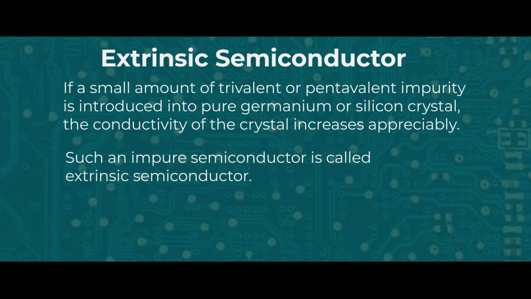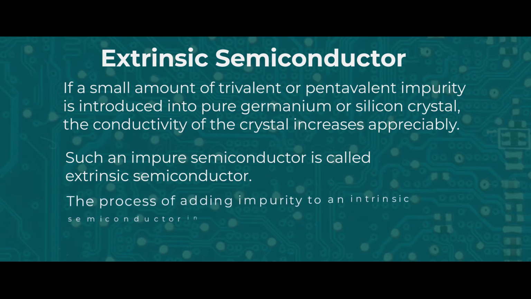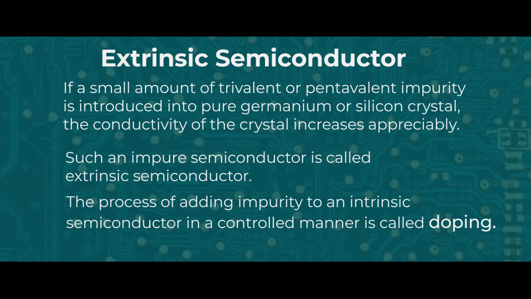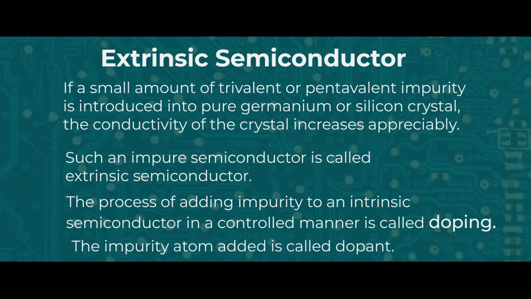Now, extrinsic is impure semiconductor because it contains some pentavalent or trivalent impurities. The process of adding impurity to this pure semiconductor in a controlled manner is called doping, and the impurity atoms which are added are called dopants. Remember, the process is doping and the impurity atoms which are added are called dopants.